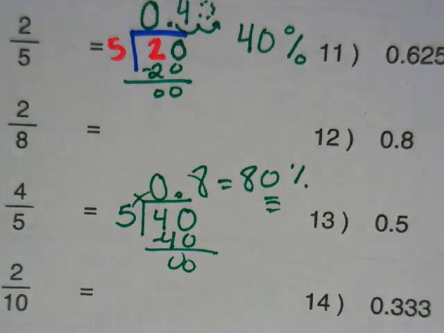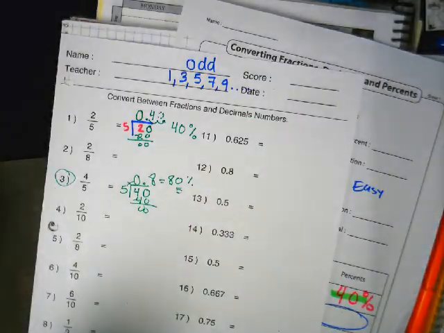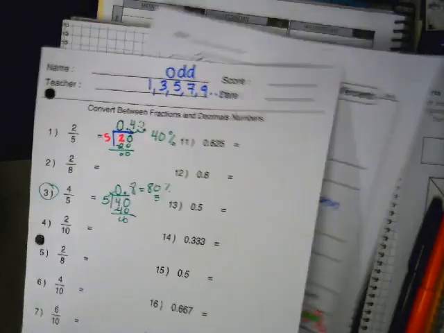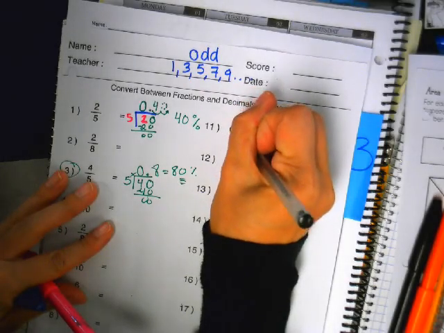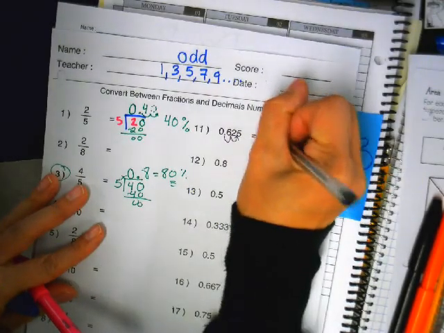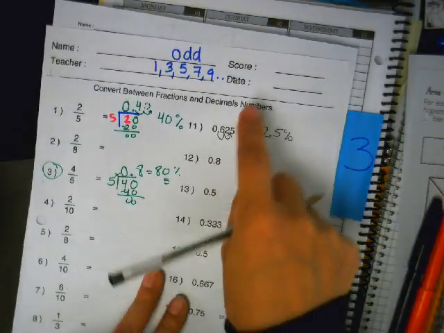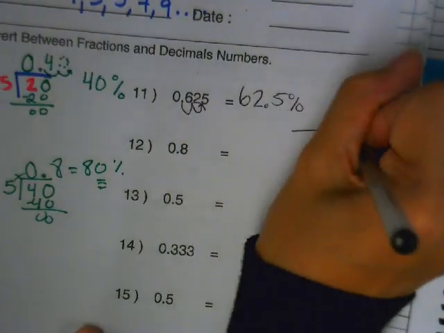So once you're done with this part, over here, first thing, the decimal to a percent. So how many times do you move it? 2 times. 1, 2. So it would be 62.5%, right? But we're not done. Now I need the fraction.